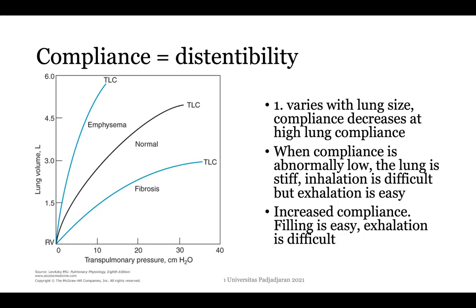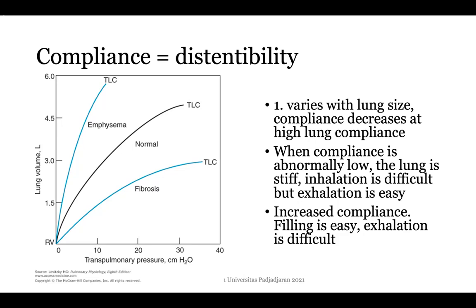There's no problem filling the paper bag with air, but there's no capability to get the air out. That's what we call high compliance, no recoil. This happens in a disease called emphysema.